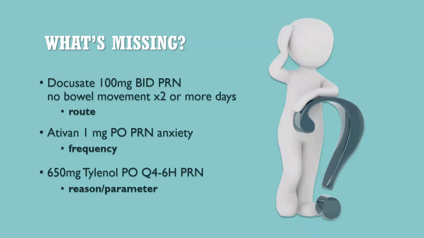So you're going to want to clarify what is it ordered for? Is it ordered for pain? Is it ordered for fever? And generally when it's ordered for pain, it'll say, you know, pain on a scale of 1 to 10 or 4 to 6. Or if it's for fever, it could be for fever greater than 101, or whichever the doctor wants you to administer for.